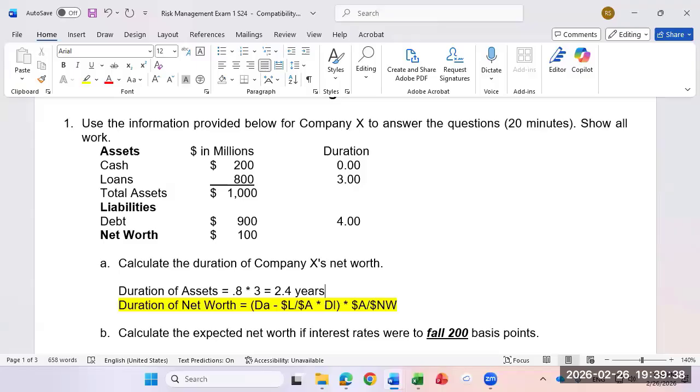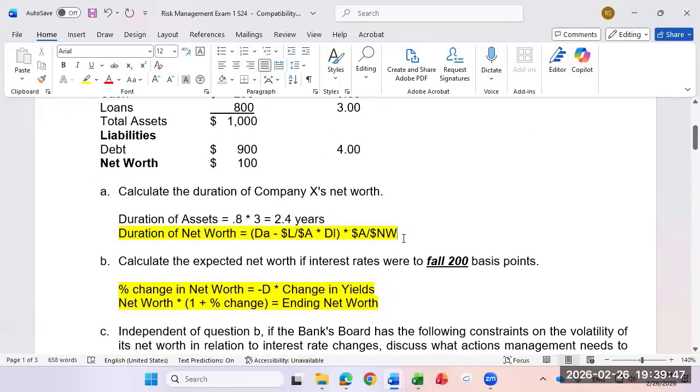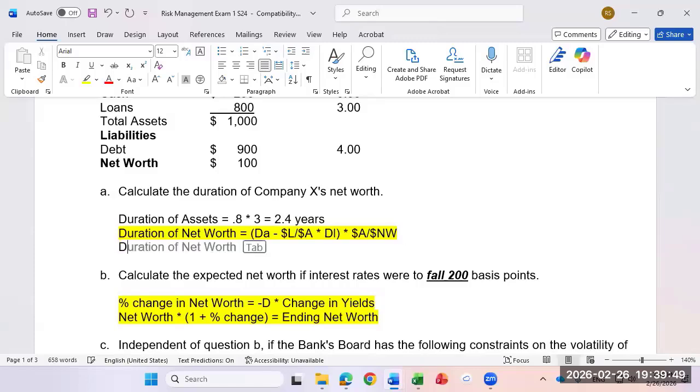Everybody good with that? So the duration of net worth is going to equal 2.4 minus 900 divided by 1,000 times 4 times 1,000 divided by 100.